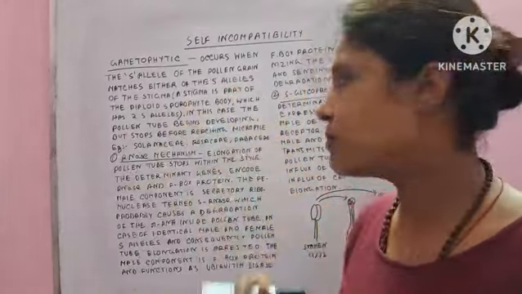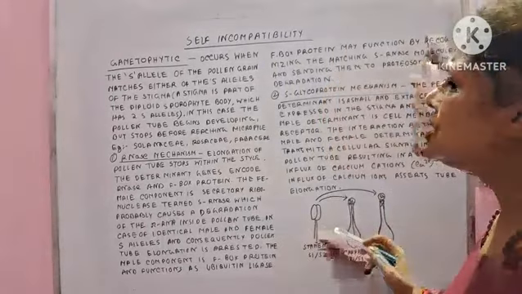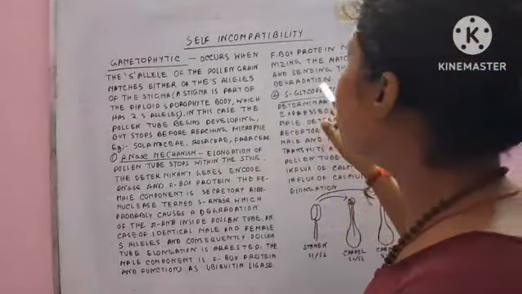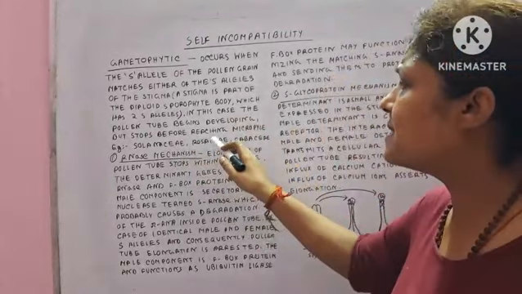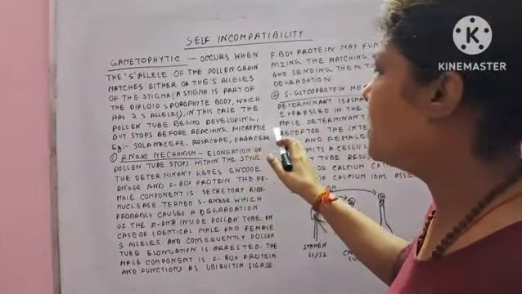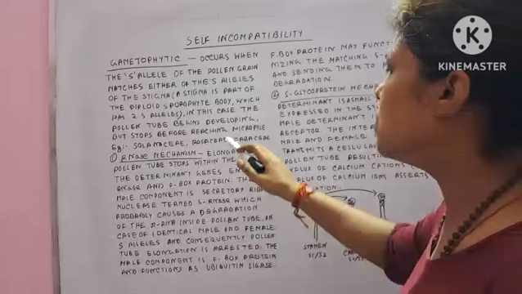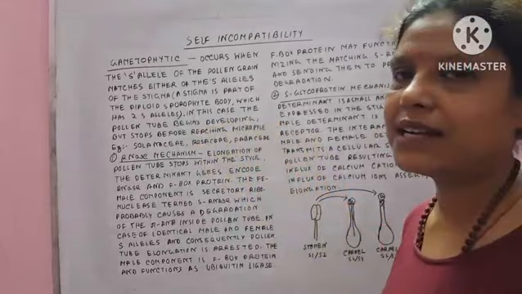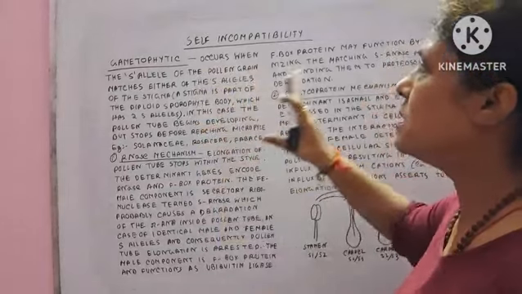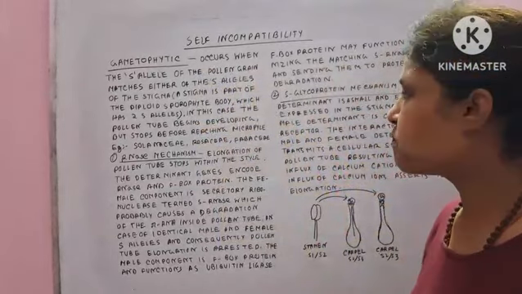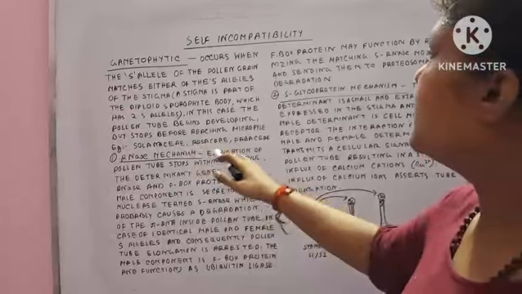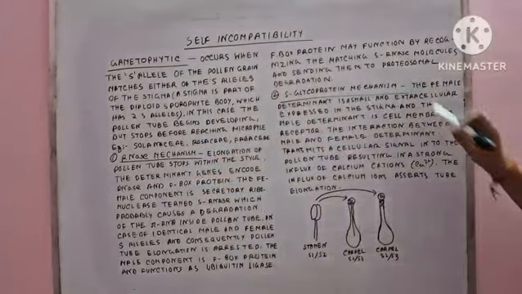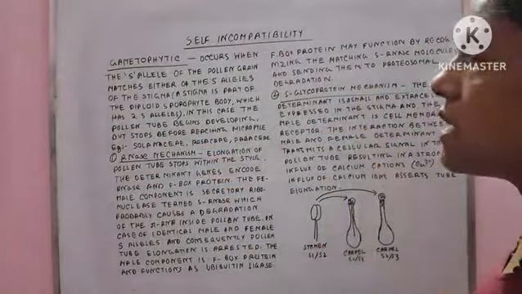Here two mechanisms are seen, and these are the families of plants where this type of gametophytic incompatibility is seen: Solanaceae, Rosaceae, Fabaceae. The RNase mechanism and the S glycoprotein mechanism are the two mechanisms involved.